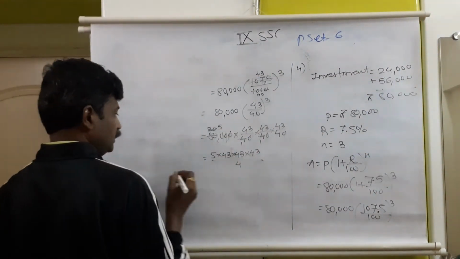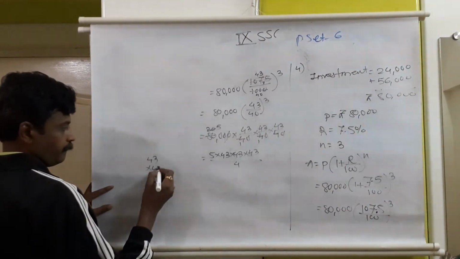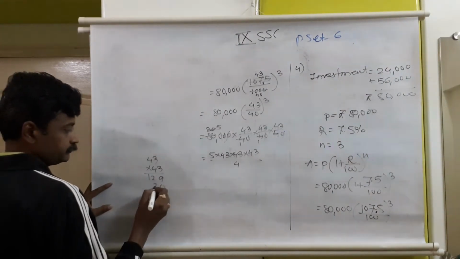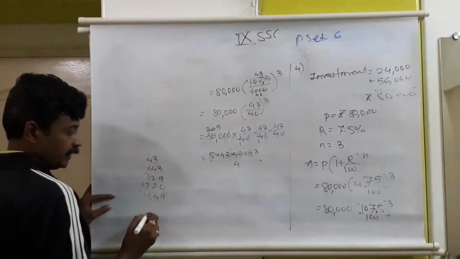43 into 43, how much will it give? 43 into 43, 3 threes are 9, 3 fours are 12, and so on, 1849.